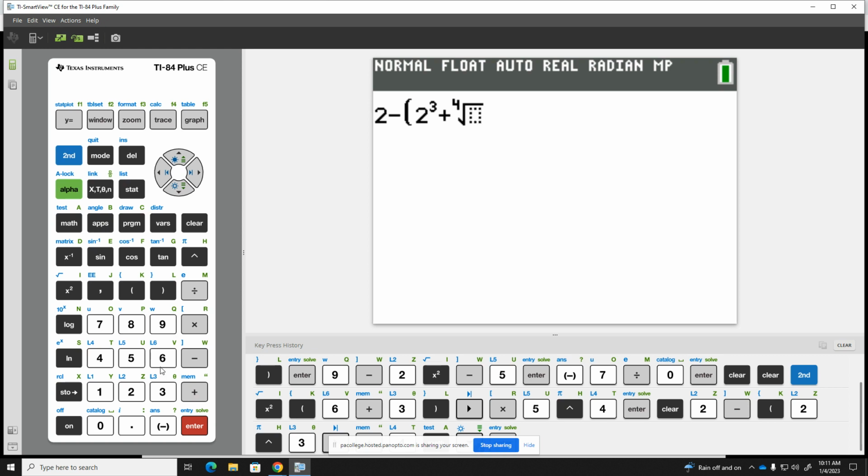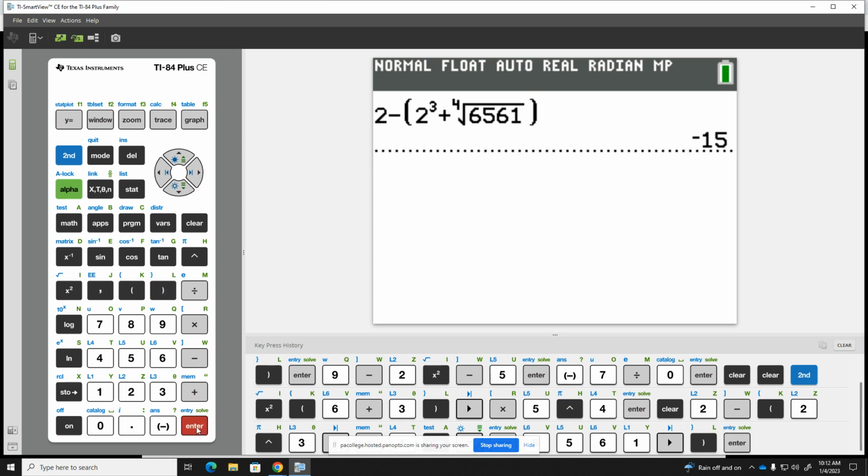And then inside here, I'm going to type 6561, and that is where I'm going to end that. So for you guys, you can end your parenthesis and hit enter. And so that entire section is negative 15.